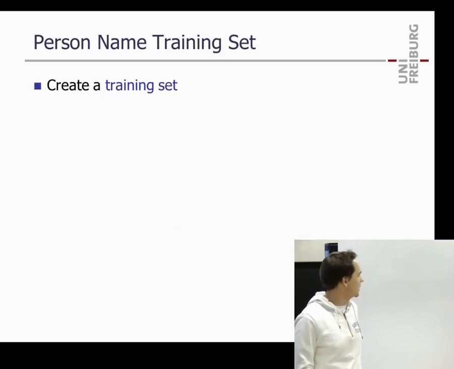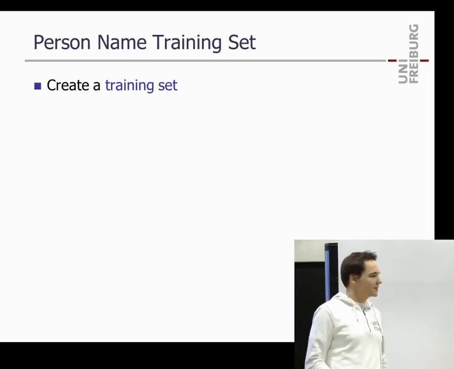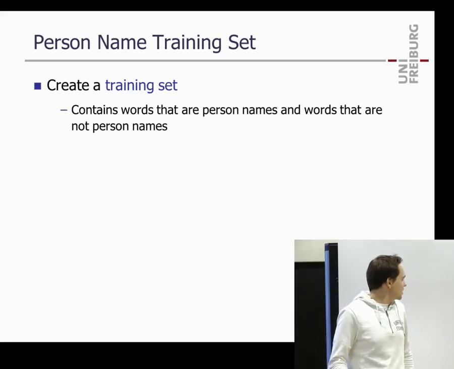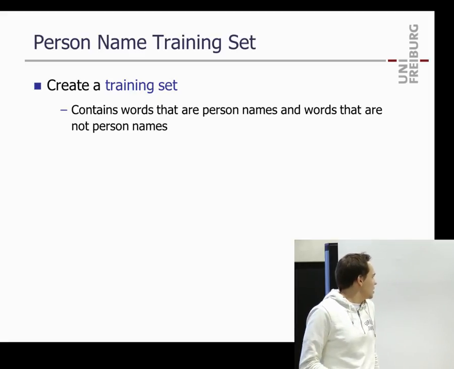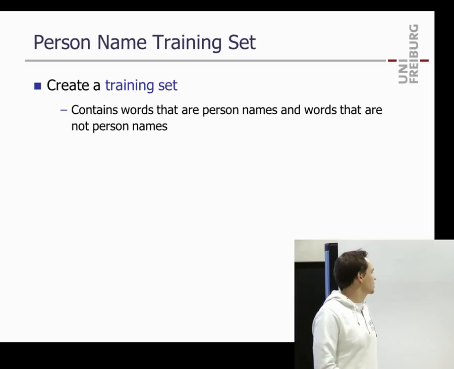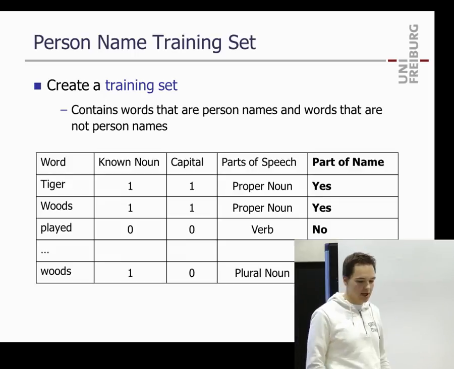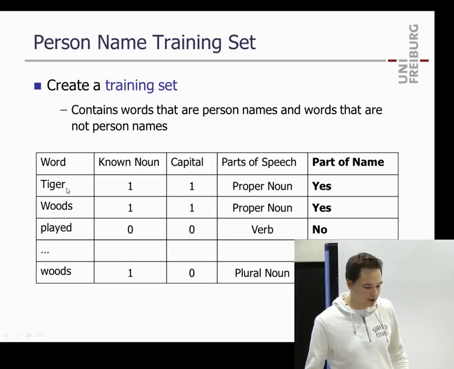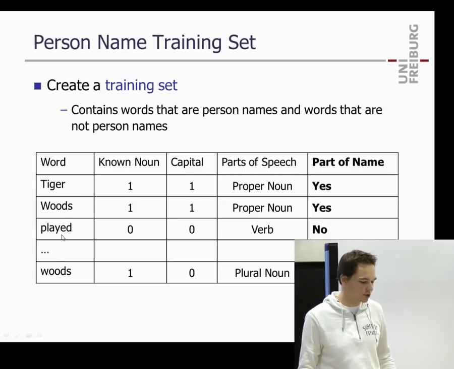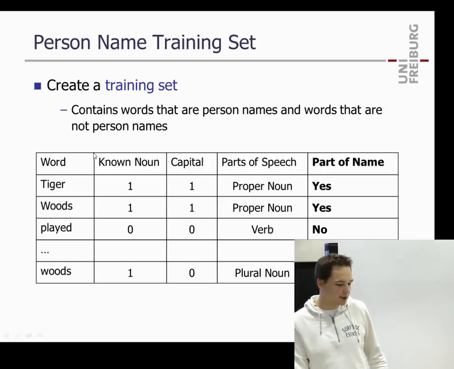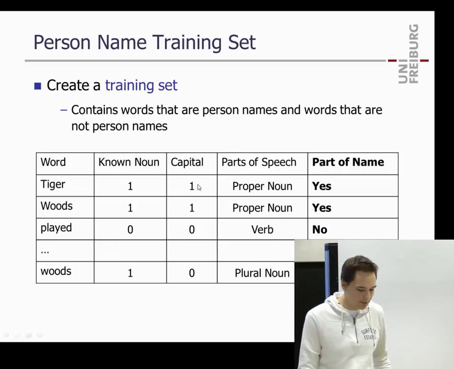So what do you do? You start by creating some training set. You create a set where you have sentences and there are words that are person names and there are words that are not person names. And you might end up with a table like this. Here's our first sentence: Tiger Woods played golf. So we have Tiger, it's a known noun, it's written with a capital letter.